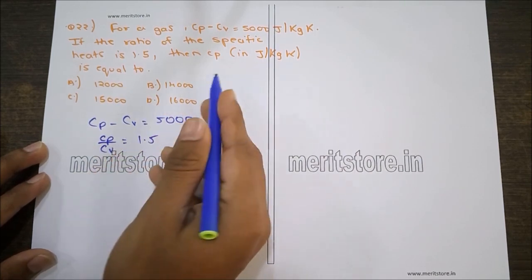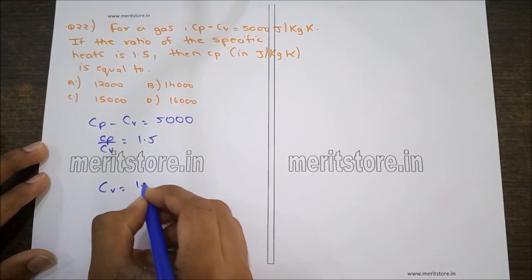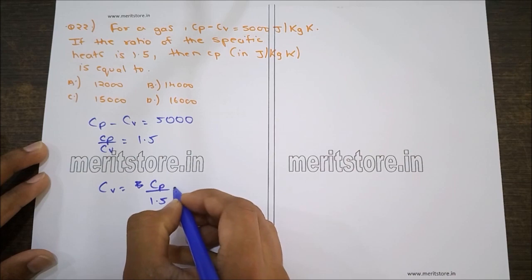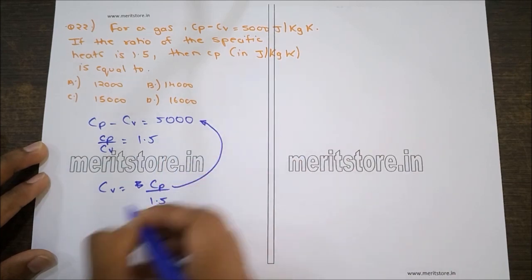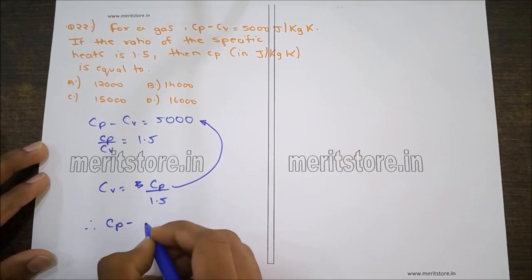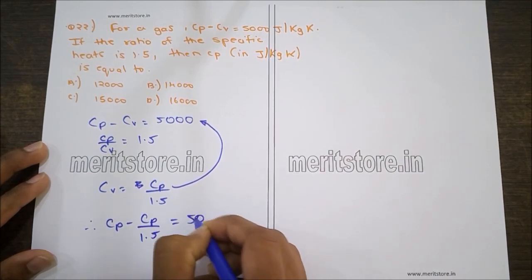Since we want to find out Cp, let us write Cv is equal to Cp upon 1.5, and let us substitute this into this relation. Therefore, Cp minus Cp upon 1.5 is equal to 5000.